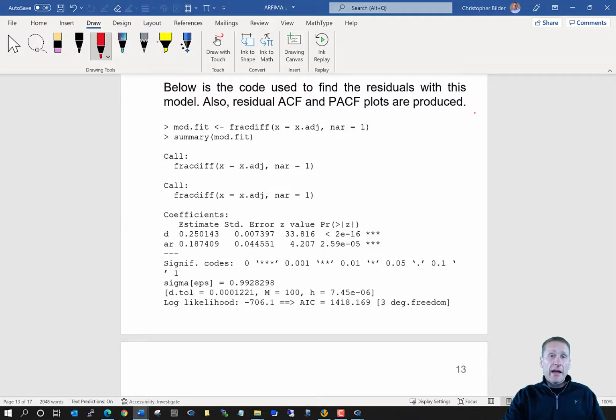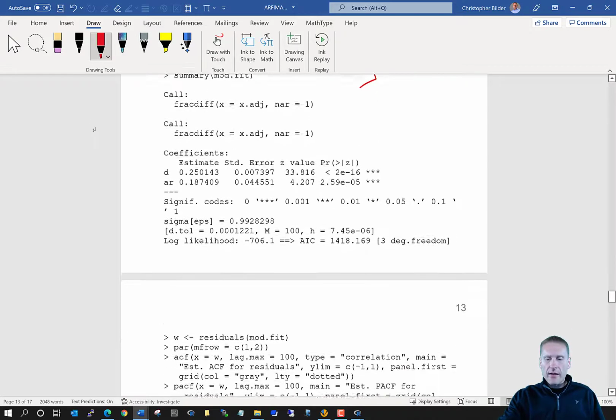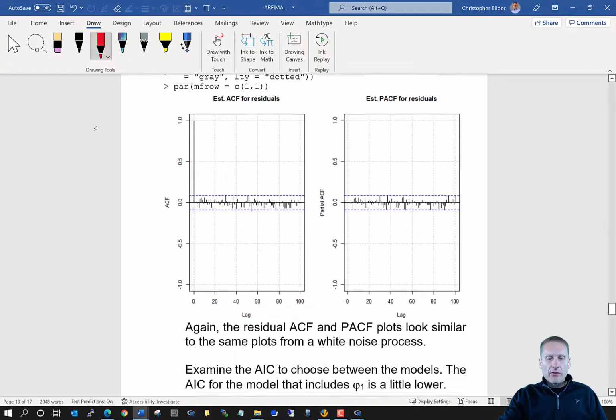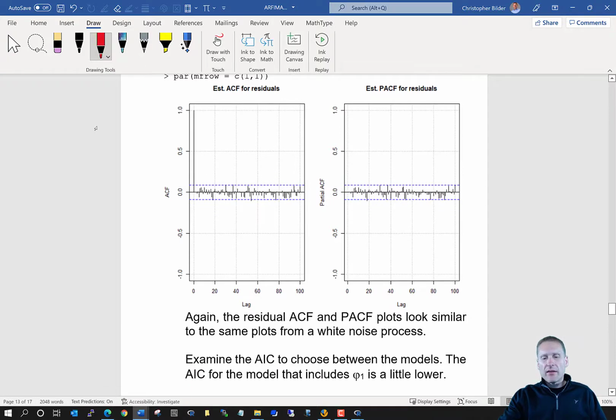So let's go ahead and estimate this ARFIMA model once again, the one that does have that AR component to it. So here's the code that we've seen previously. I estimate the corresponding model. And let's go ahead and now find the residuals. So with these residuals, I can do an estimated ACF and PACF plot.